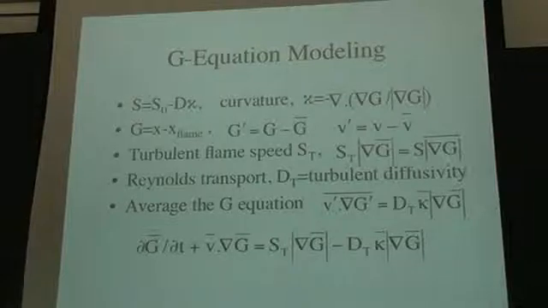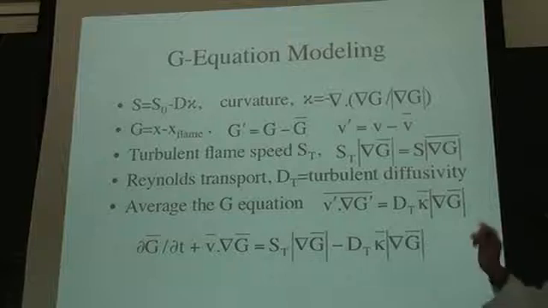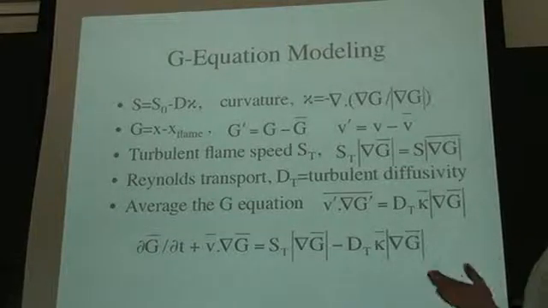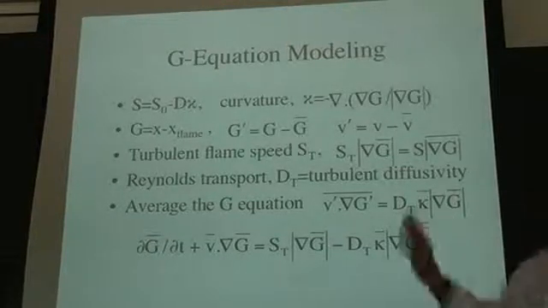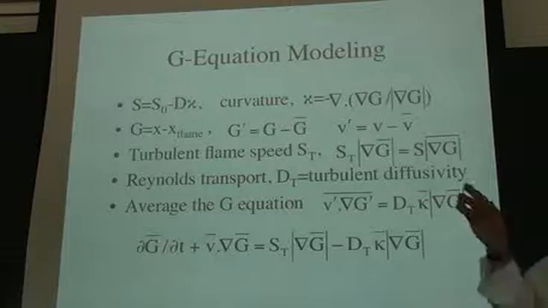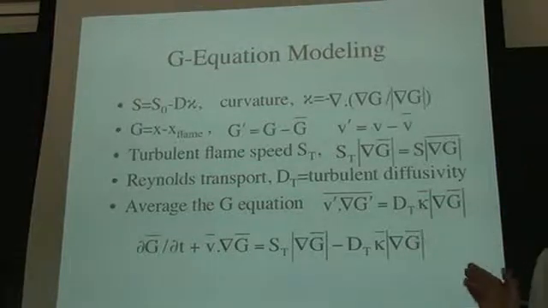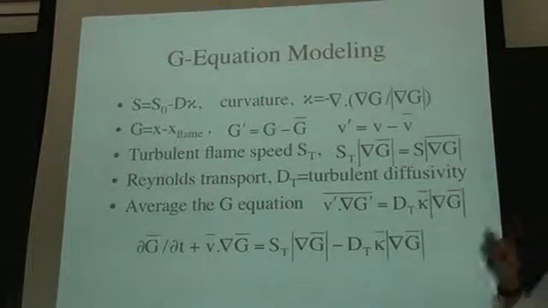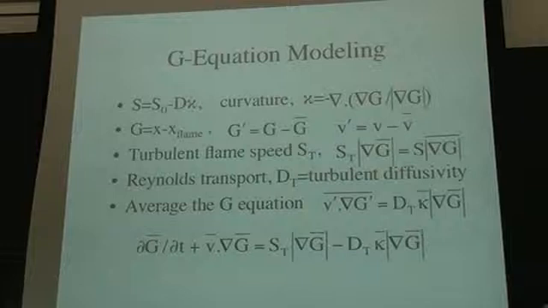Can you maybe clarify? Is it correct that this equation is only valid on the front? It looks like you said it's valid everywhere. The equation is valid everywhere. It has physical meaning only on the front. Okay. If you look at Norbert's book, he does that in a very logical way.